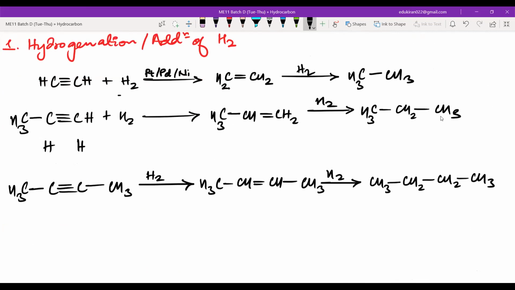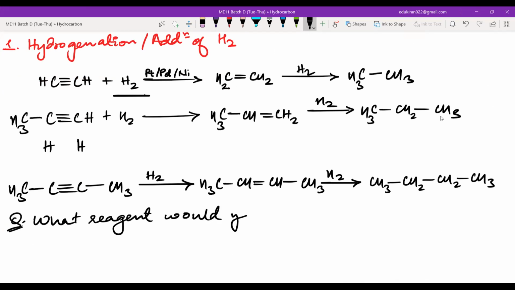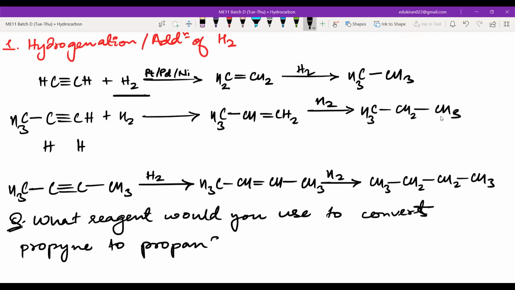You can use hydrogen in the presence of a particular metal. So for example, what reagent would you use to convert propyne to propane?